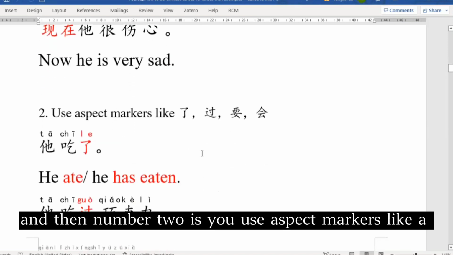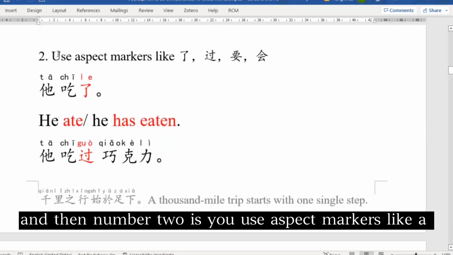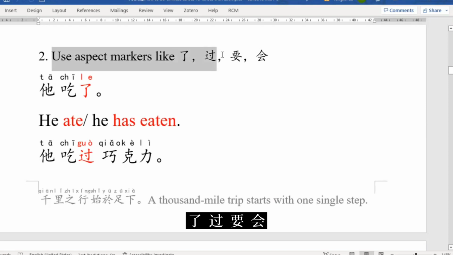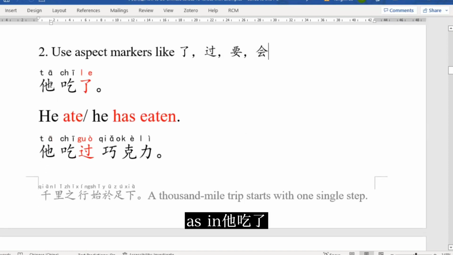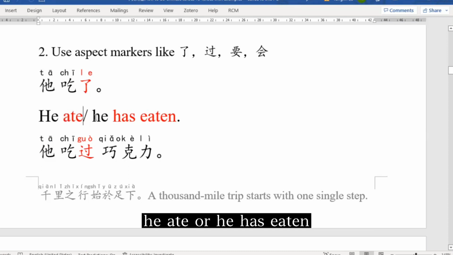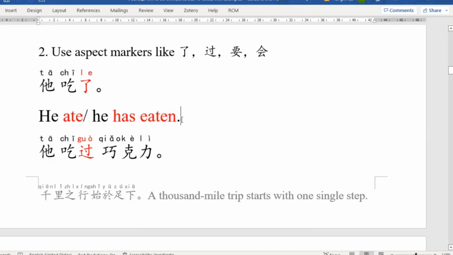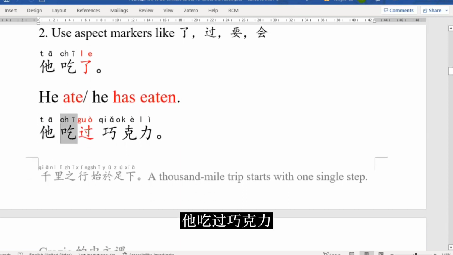Okay? And then number 2 is you use aspect markers like 了, 过, 要, 会 to show tenses. As in, 他吃了, he ate or he has eaten. Or 他吃过巧克力.